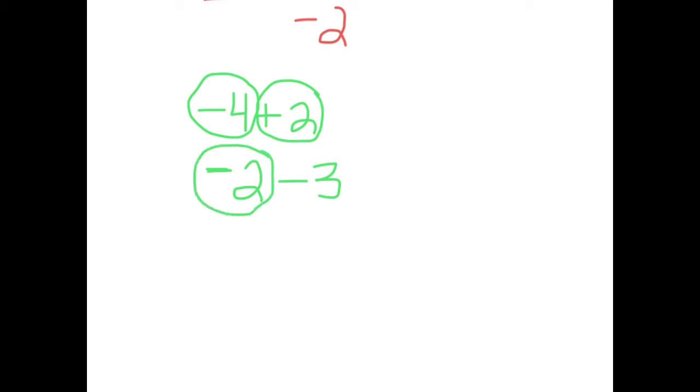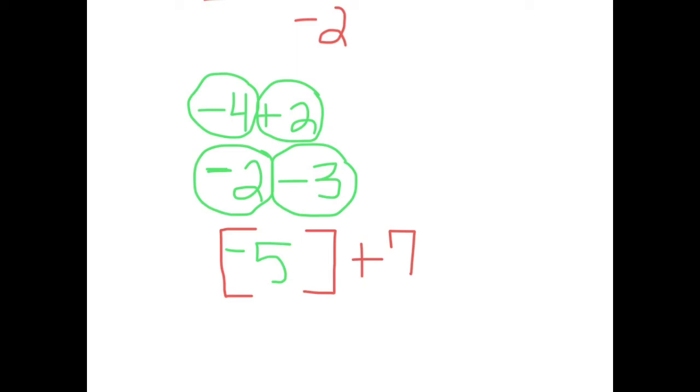I have a -2 and a -3. Are the signs the same or are they different? They're the same. That means I'm going to add and keep. 2 and 3 equal 5. Keep the negative. So this is the term inside of the bracket.